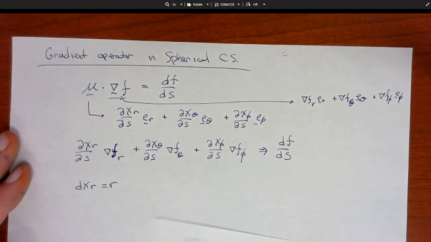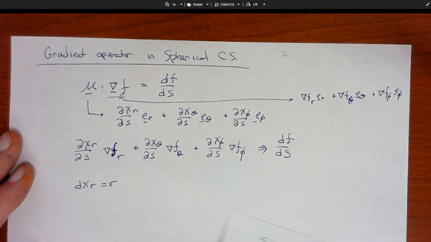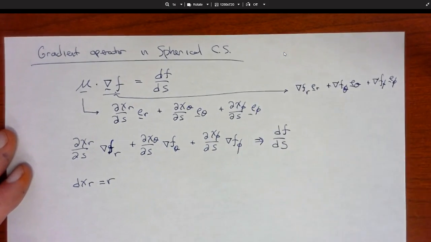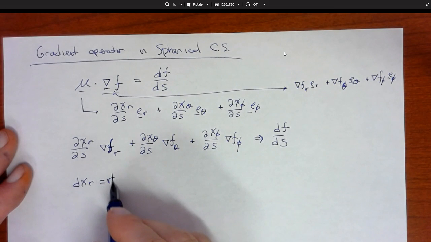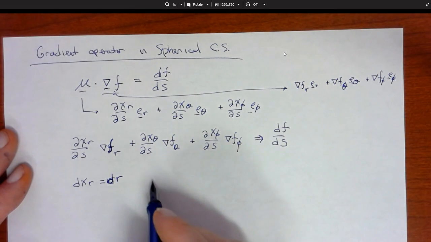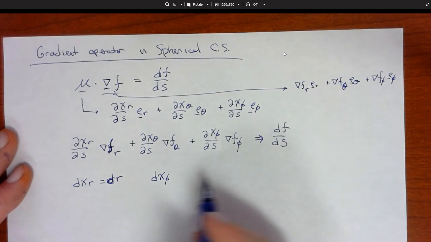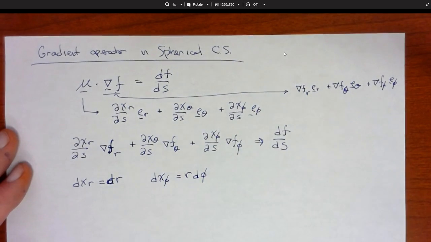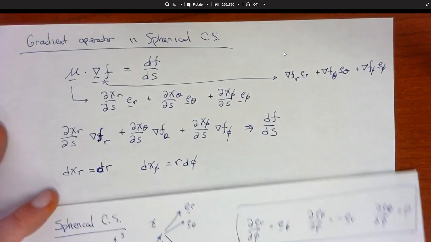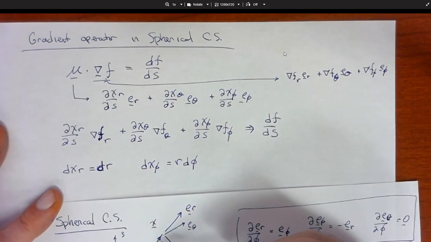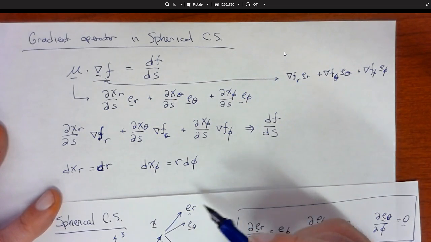So dx_phi is going to be r d phi. You can see if we move this tip by changing it in the phi direction, the actual amount it moves is the arc length, so it's going to be the radial distance times d phi.